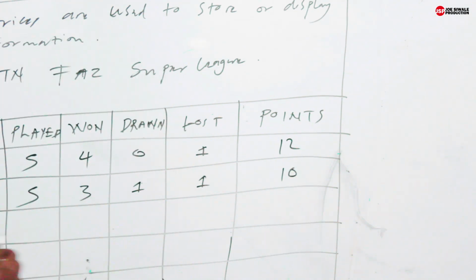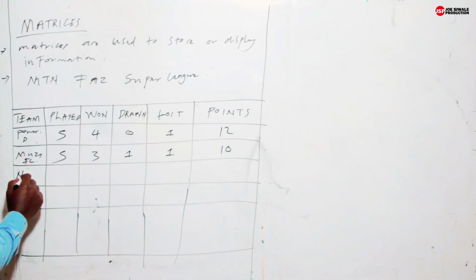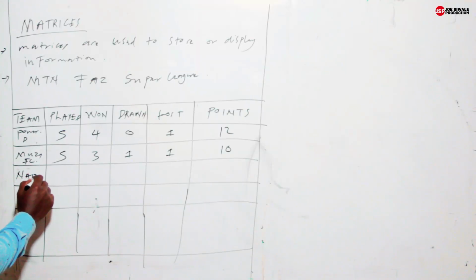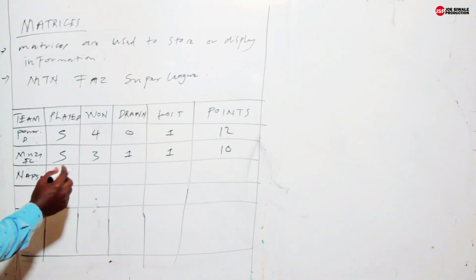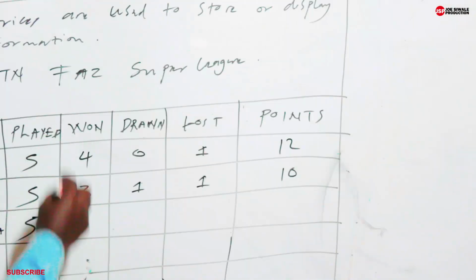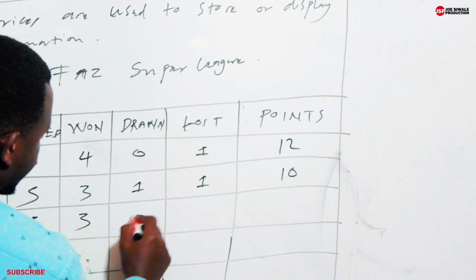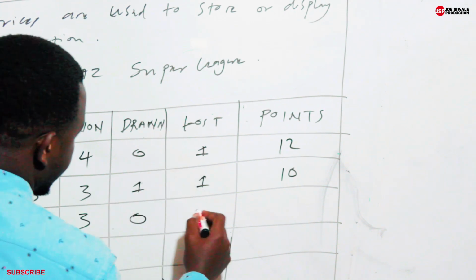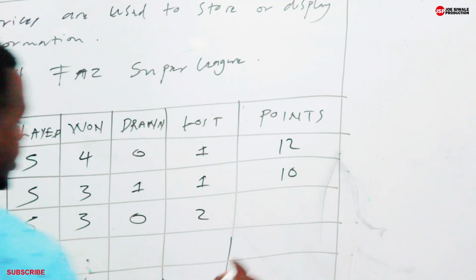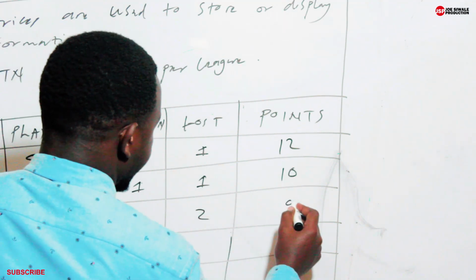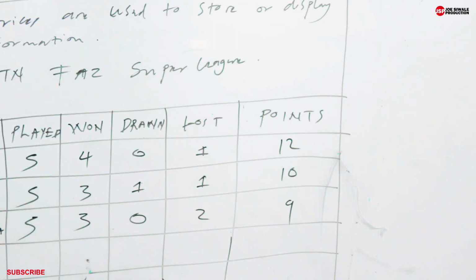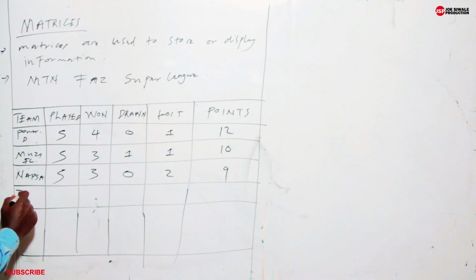Then we have NAPSA. NAPSA played 5 games, won 3 games, drew 0, and lost 2 games, so their points are 9. Then we have Zanaco FC.